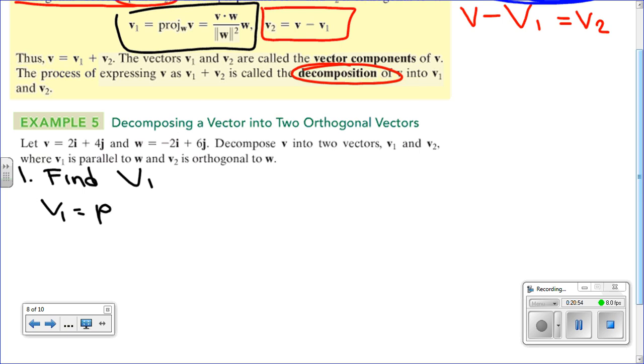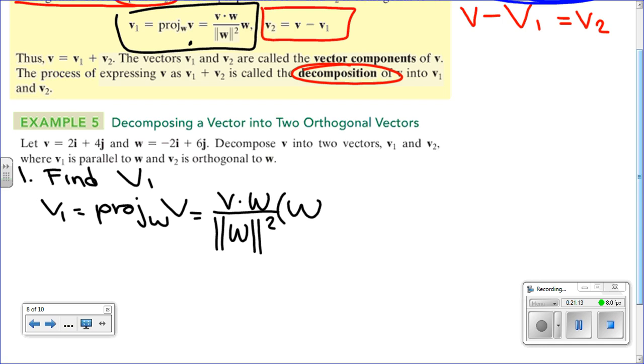We're going to need the projection vector, which is the same formula that we used on the previous example. It's the dot product of v and w, divided by the magnitude of w squared, times vector w. Let's find it, and actually, I think this is the same problem.